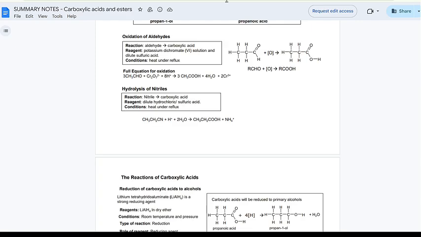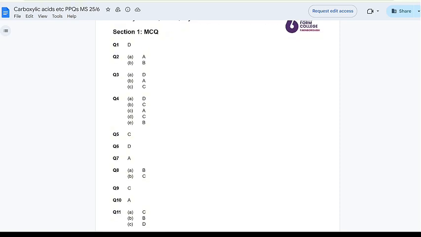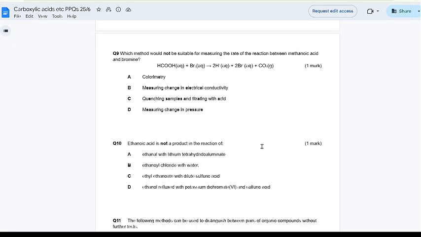Let's check our answers there. I kind of went through those last three pretty quick, but okay, so we have up to 11 here. 9 was C, so we got that bang on. Which was, what was question 9? Yeah, we got that bang on. So electrical conductivity. And then 10, yeah, we got that one right.